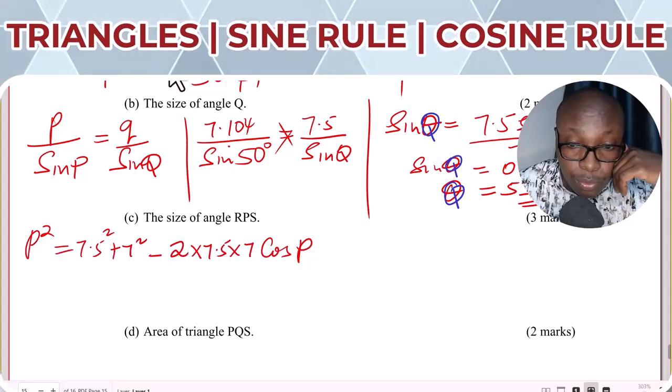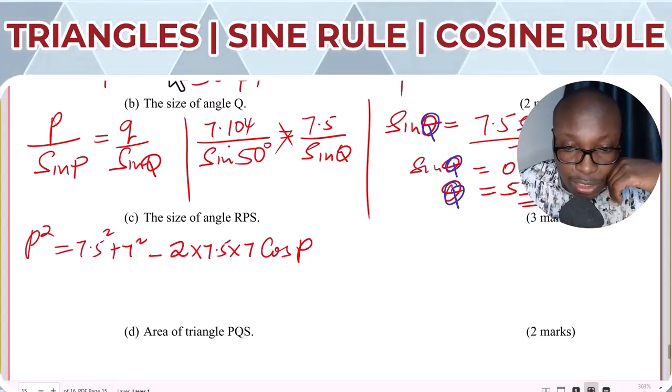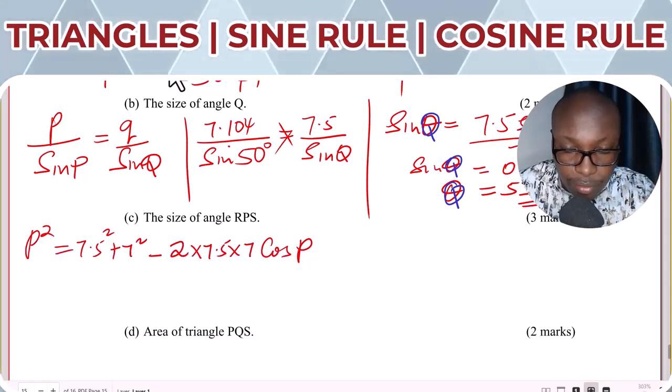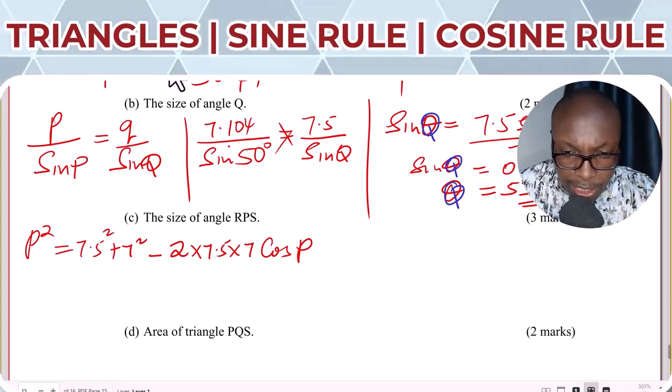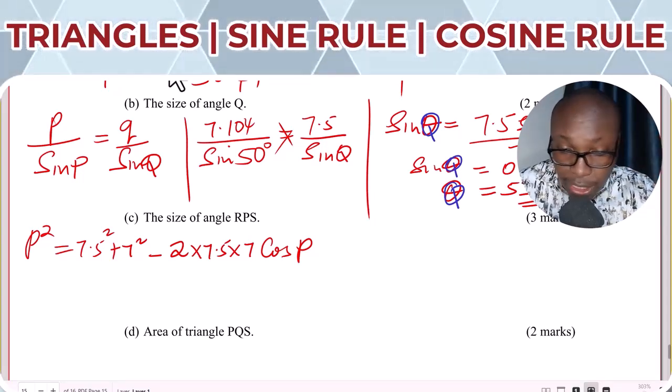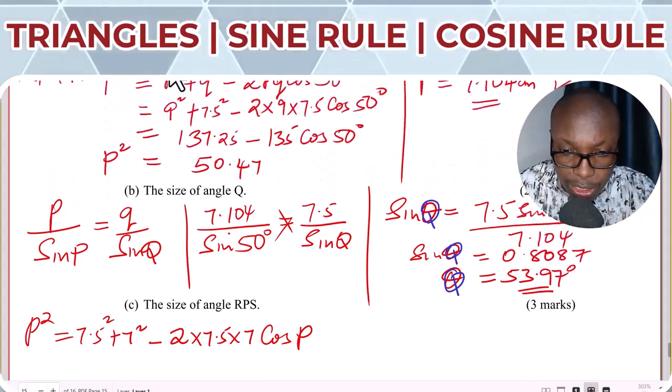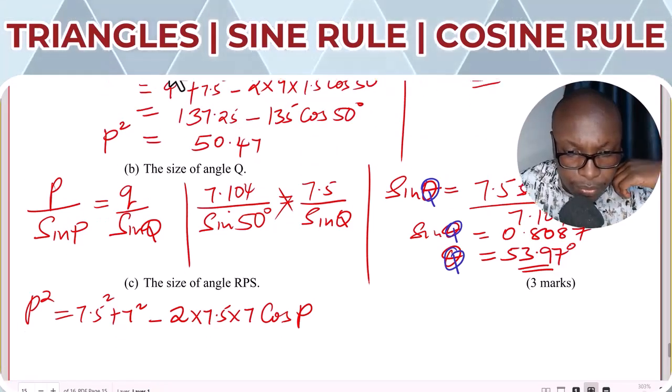Ensure that you know very well how to use this formula given any triangle with two given sides, or in a case where you're required to get the angle, like in this question.